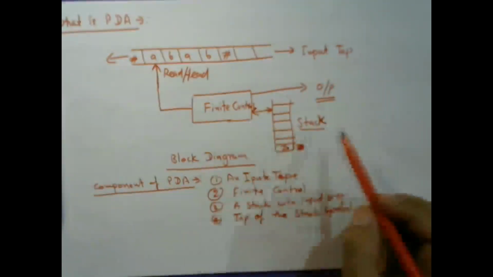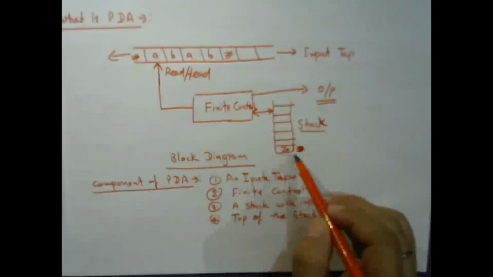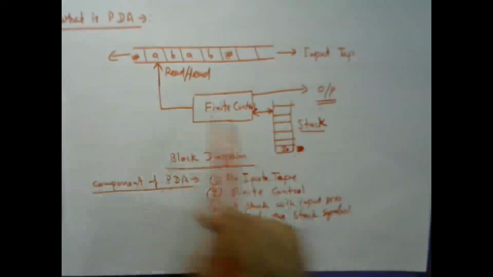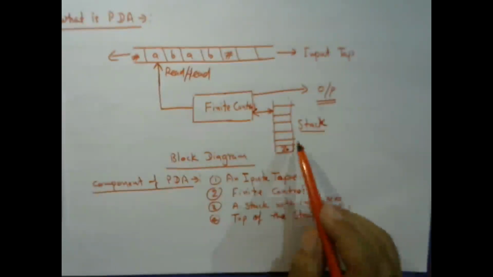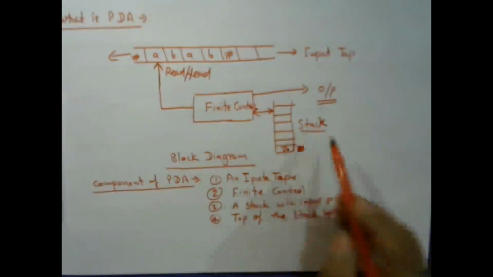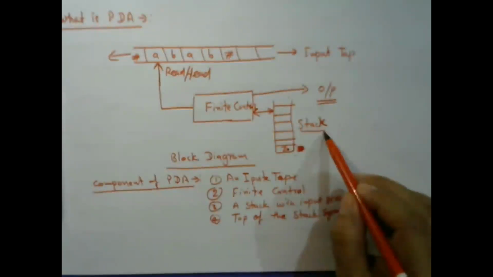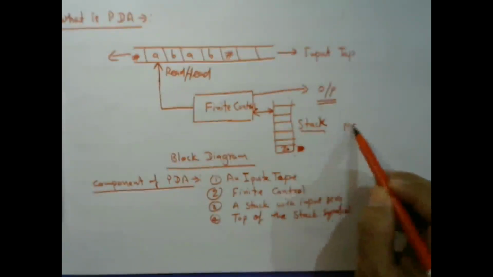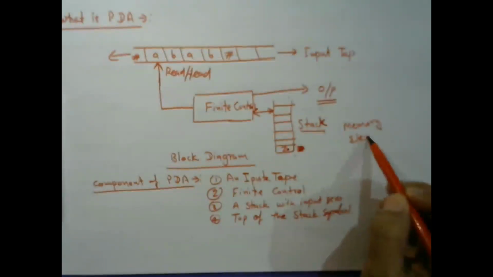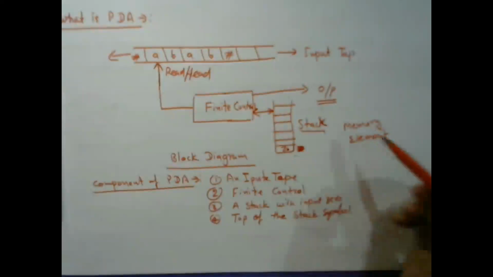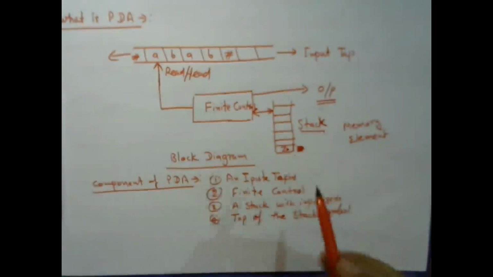The finite control, and we are using an additional element, the stack, with the finite automata, which can process the context-free language. This stack has an important role. It is a memory element which can store the data inside the stack.